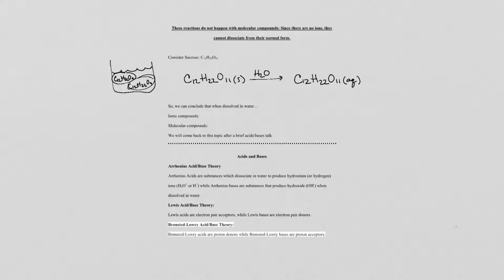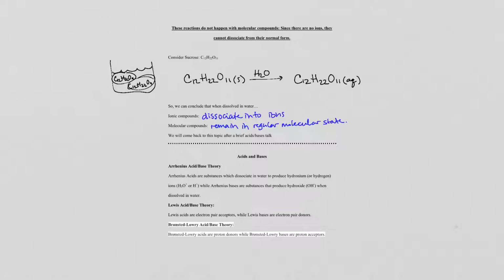So we can conclude that when dissolved in water, ionic compounds dissociate into ions, and molecular compounds remain the same. So it's going to be the same formula on the product and reactant side. It's just going to be aqueous because there's little smaller particles of that C12H22O11 as opposed to giant crystals.